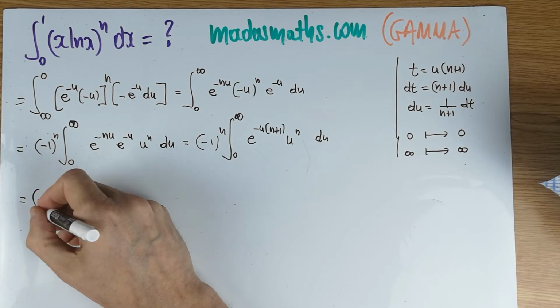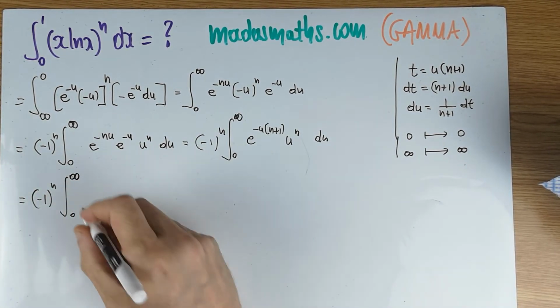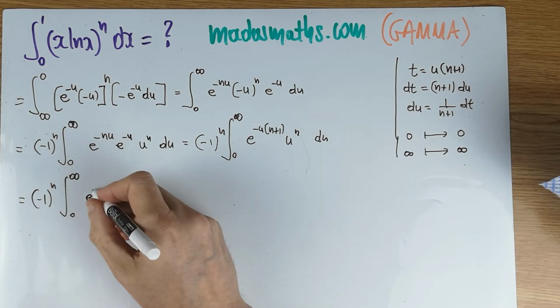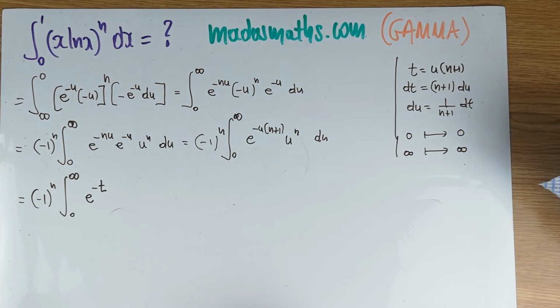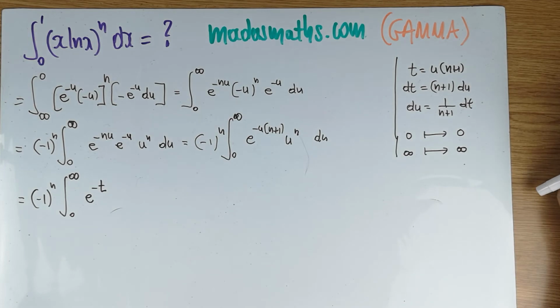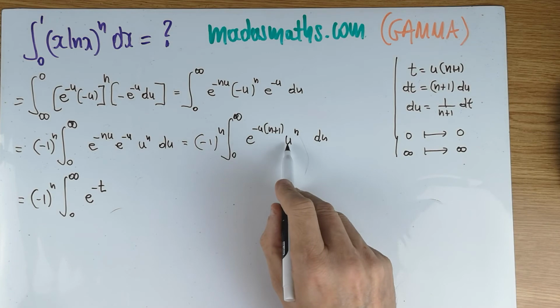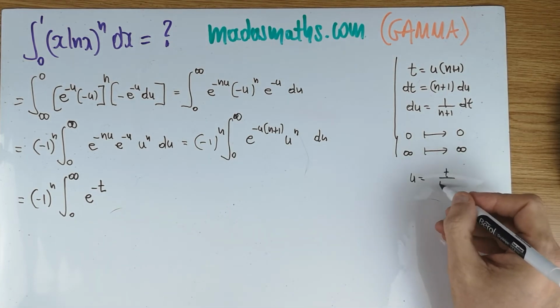So this will give us minus 1 to the n outside the integral, unchanged limits, e to the minus t, and then the u. Now that's going to be a little bit of a nightmare. We need to rearrange it a little bit in order to put the u in there. u is t over n plus 1.